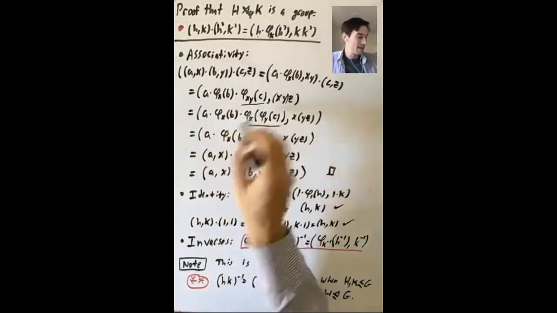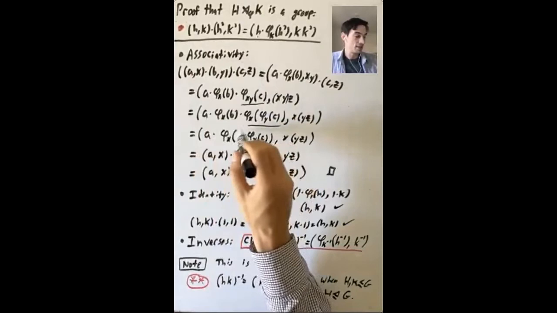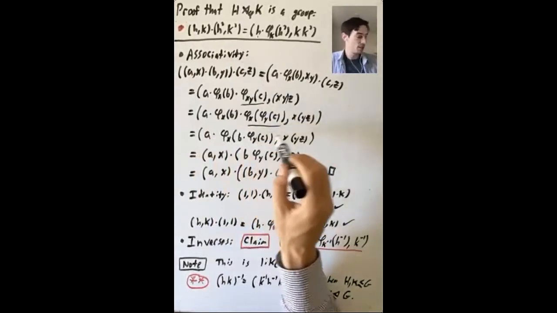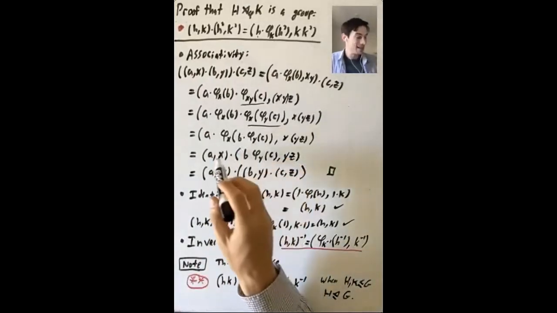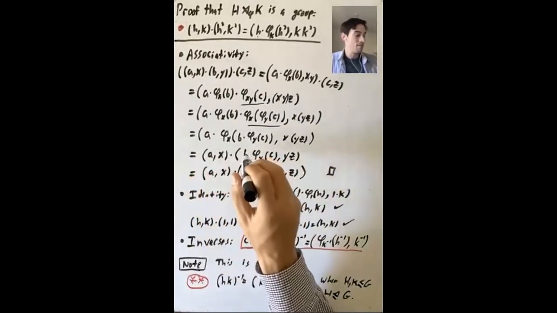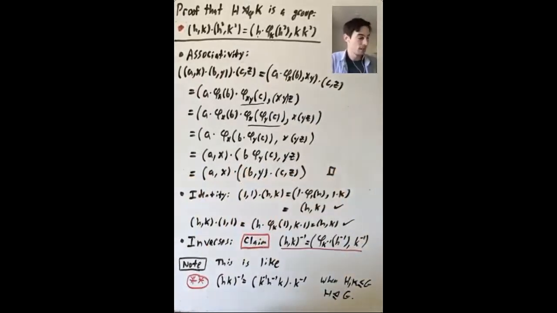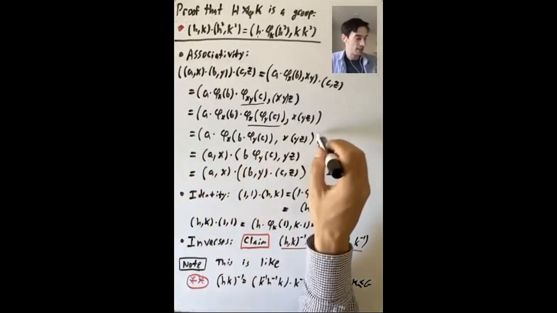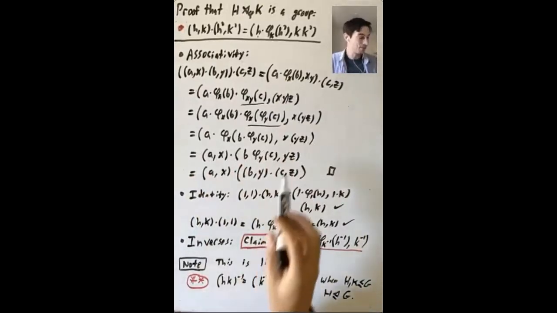So this is a times phi_x of b times phi_x of phi_y of c. So this is a product of two things in H, and then we haven't changed anything over here. And now this is (a, x) times (b times phi_y of c, yz). This is another sort of key step. Really convince yourself that this is true.